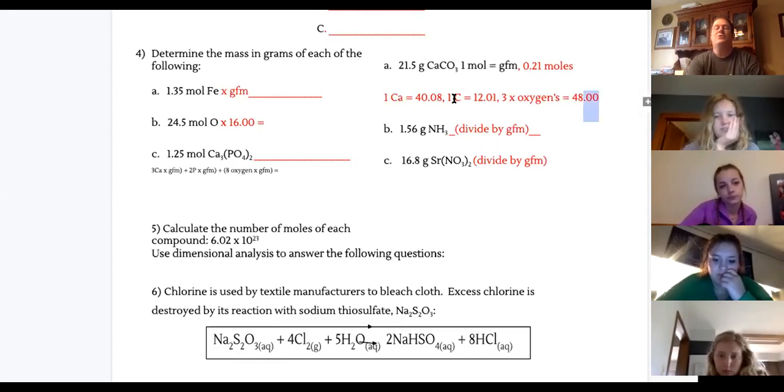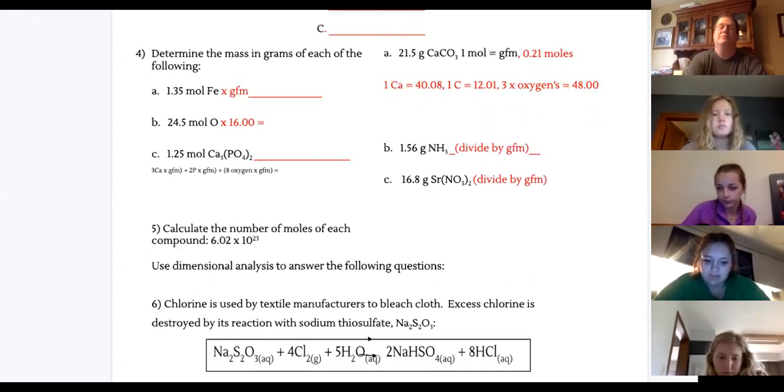So add up those 3 numbers to get the gram formula mass of calcium carbonate. 100.09.